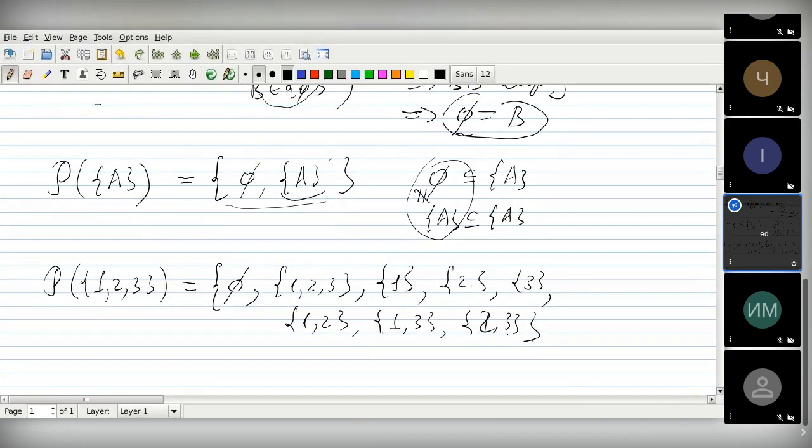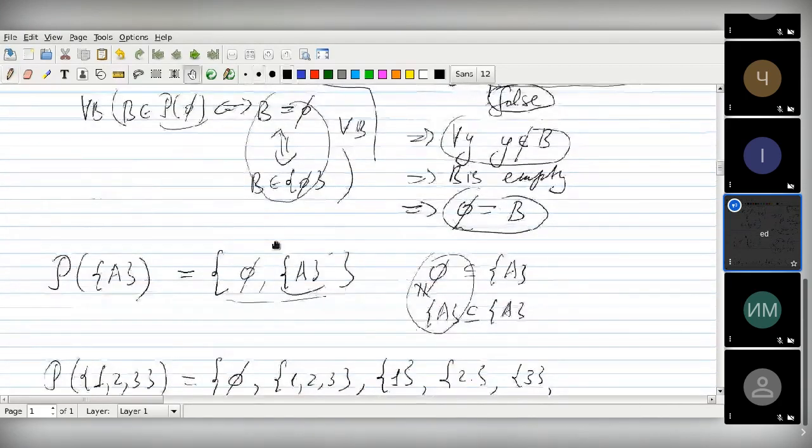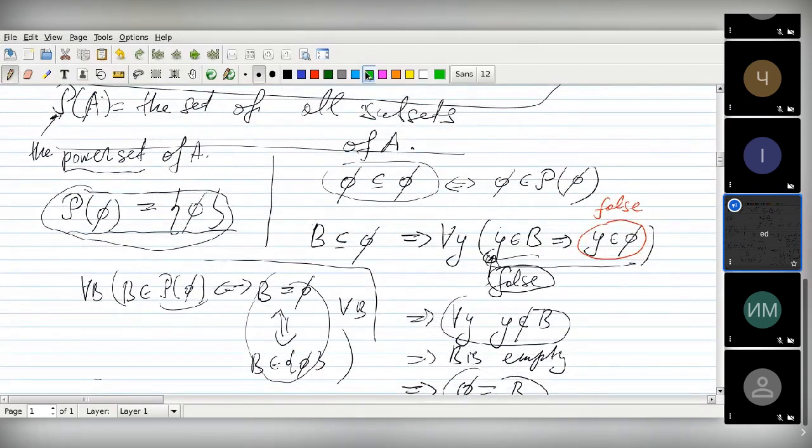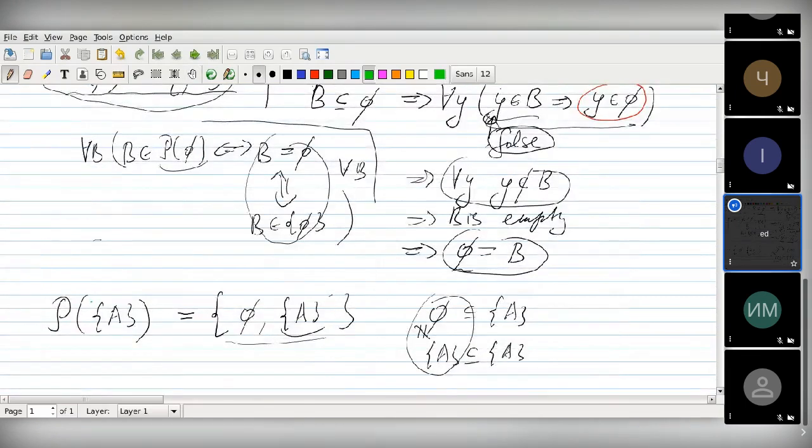Okay, and now let's informally count them. How many elements do you have in the empty set? Zero. And in this singleton? One. One equals 2 to the power 0. How many elements do you have here?